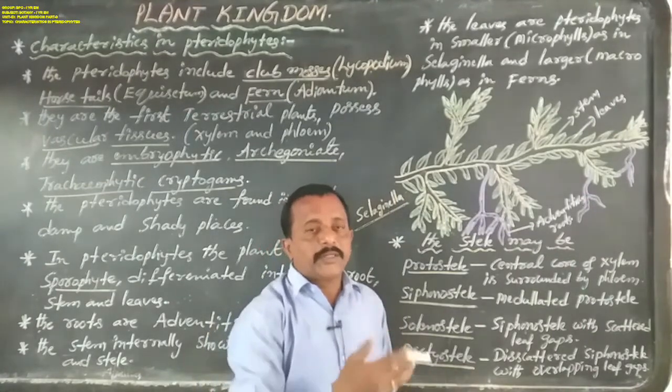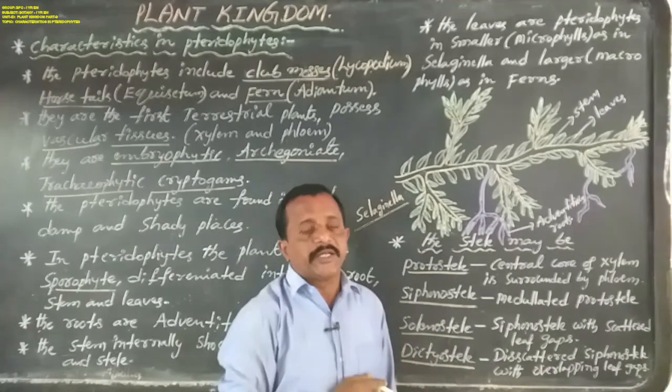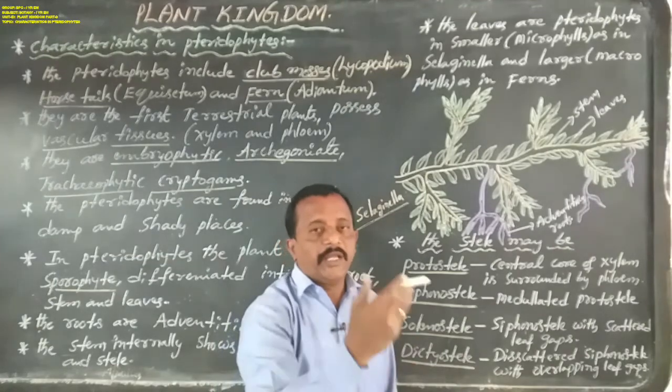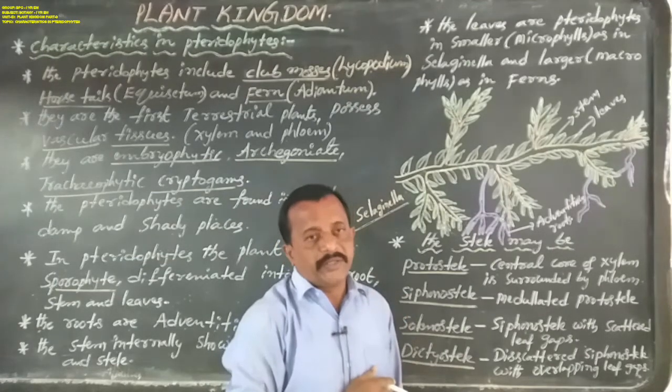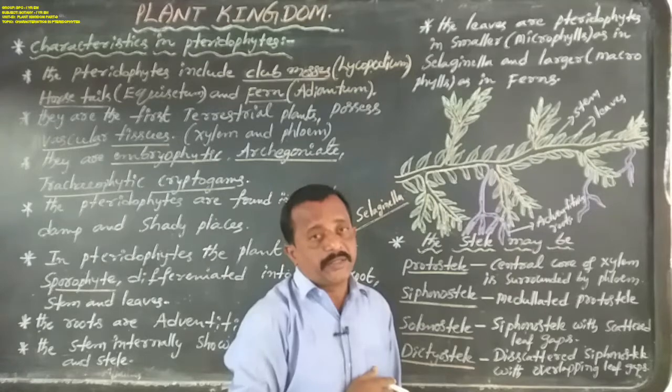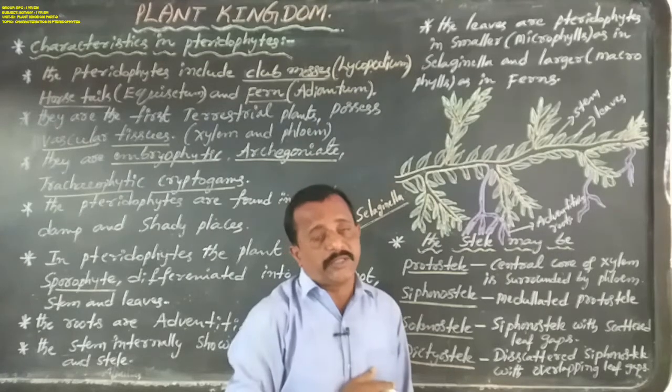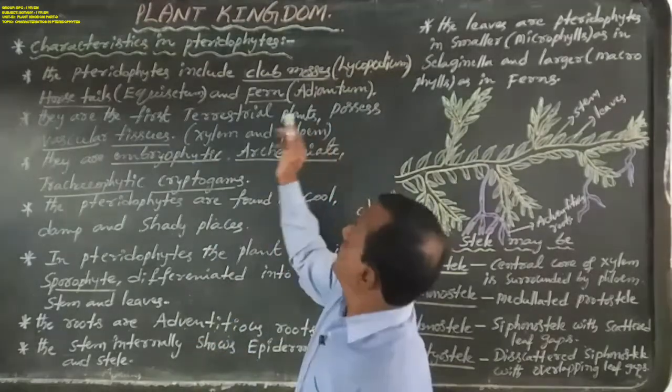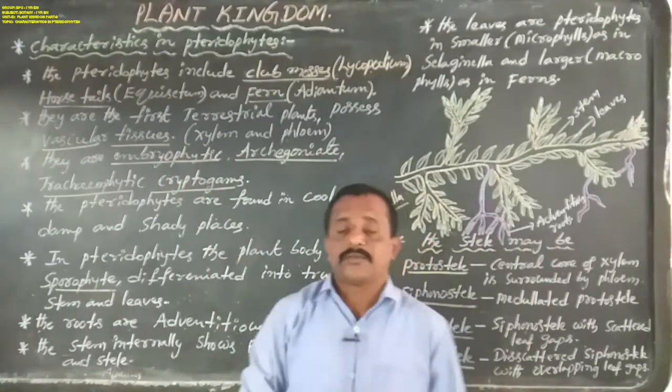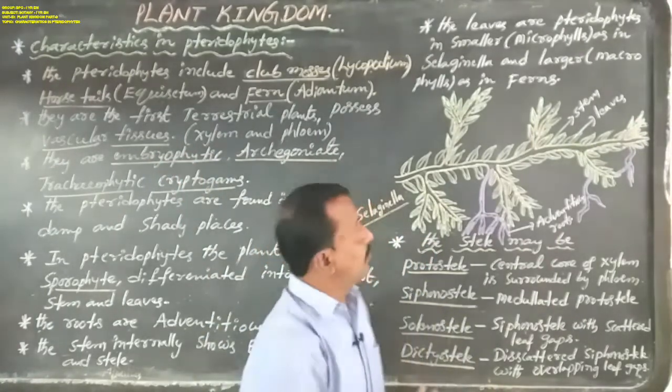Totally the plant body parts are constricted into a group appearance, that is club mosses, and horsetails. An example here is Equisetum.